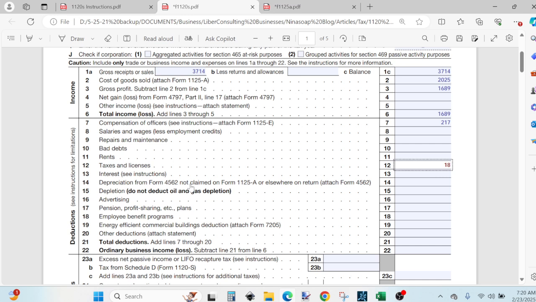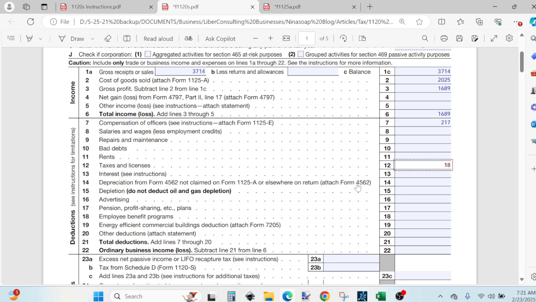Therefore, if you are eligible for it, which chances are you will be, they will complete form 4562 and claim the section 179 deduction for you, and that section 179 deduction allows you to claim your asset expenses in full in the year you purchase it.